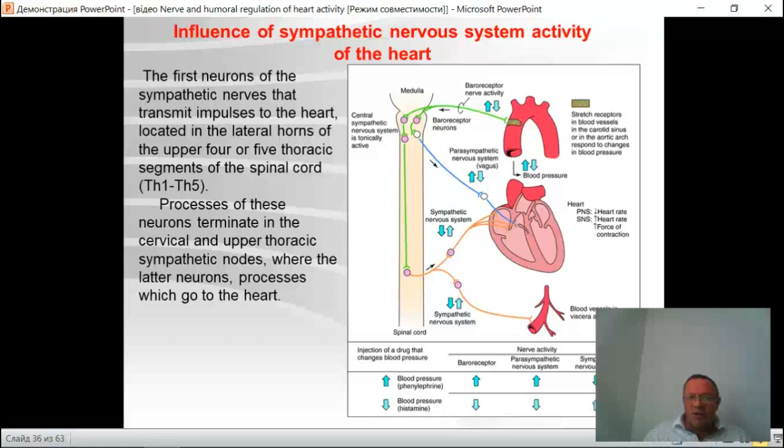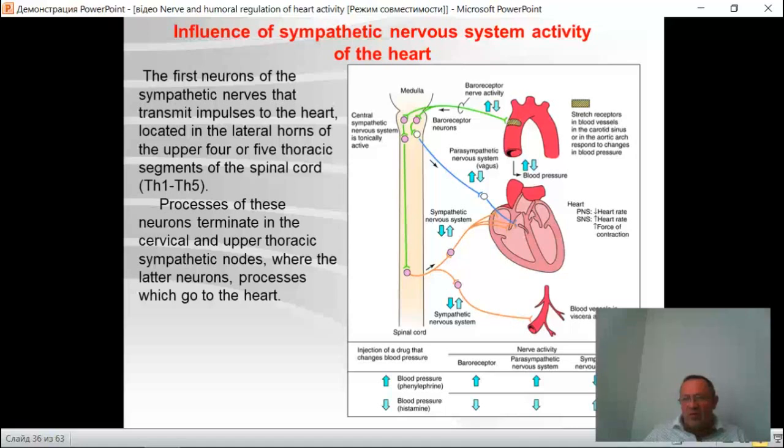Influence of sympathetic nervous system activity on the heart. In structure, the first neurons of the sympathetic nervous system that transmit impulses to the heart are located in the lateral horns of the upper five thoracic segments of the spinal cord, from T1 to T5.